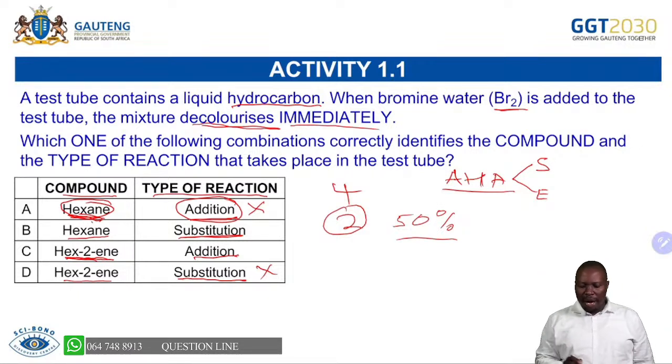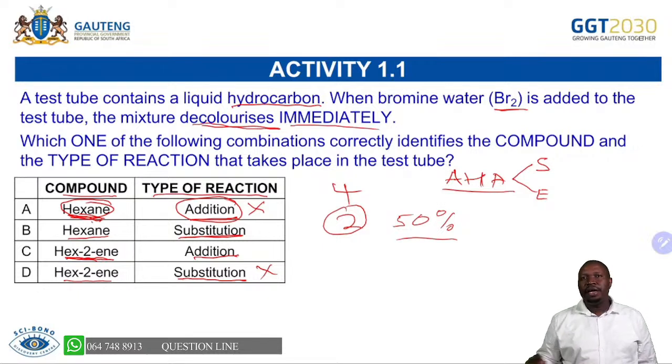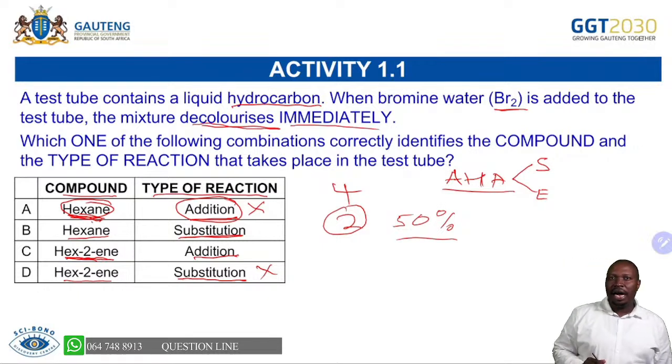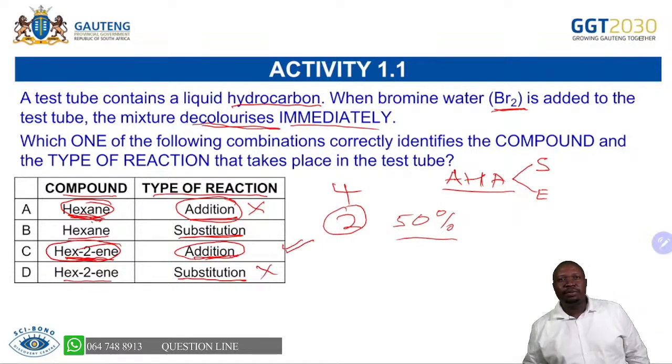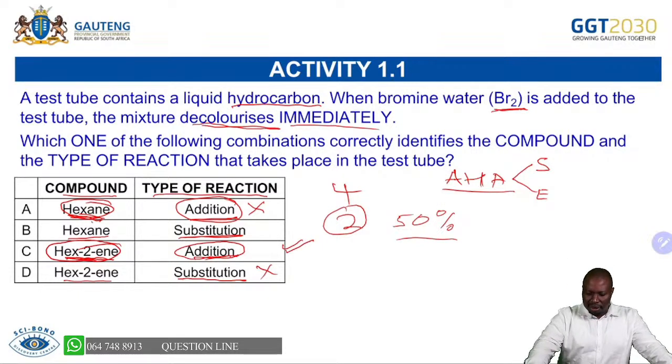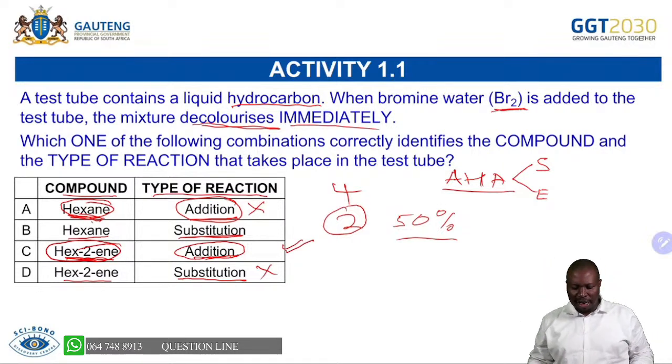Now, this one where we have the bromine water testing for the presence of an unsaturated hydrocarbon, that reaction is when we have an unsaturated hydrocarbon. We add the bromine water on the double bond there, and then the reaction is called addition. So you are able to see that the answer must be option C, because we're checking the availability of unsaturated hydrocarbons.